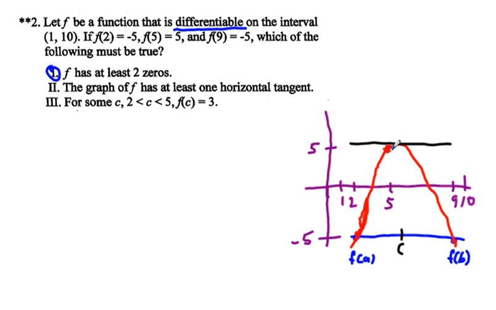Well, here's between 2 and 5, and that's another local IVT problem, because 3 is going to be greater than f of 2 but less than f of 5, which according to the IVT, this applies.